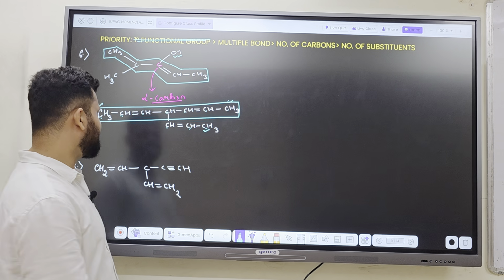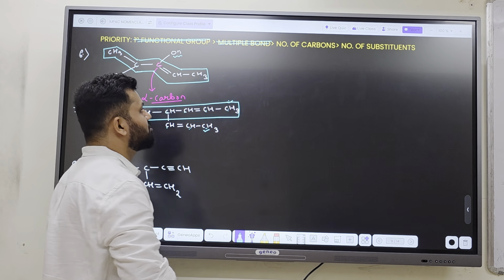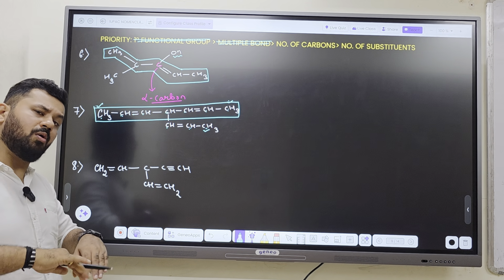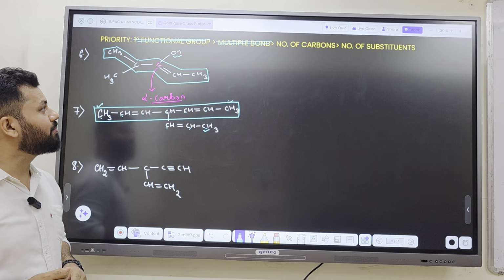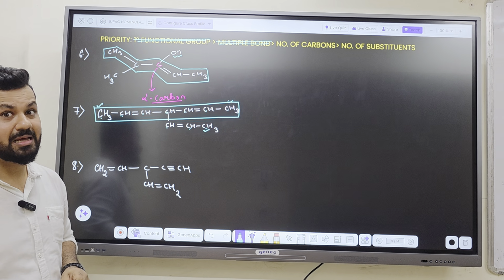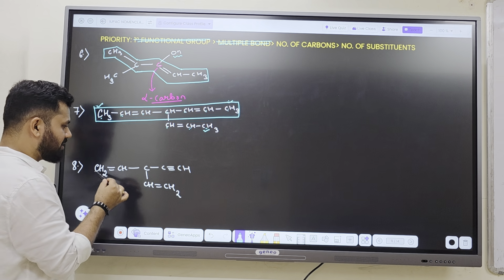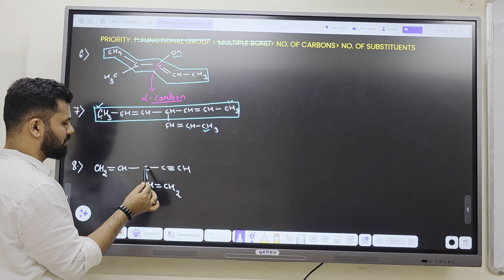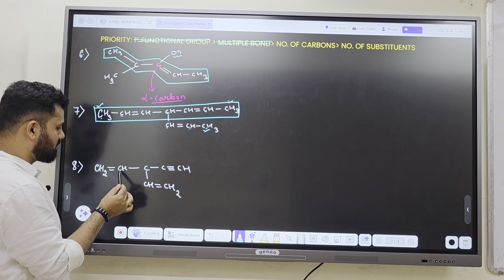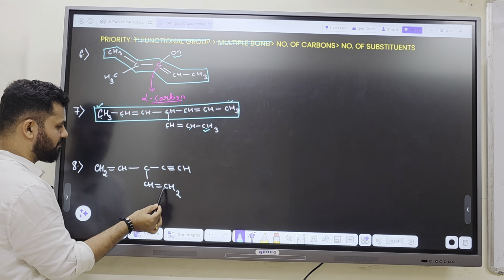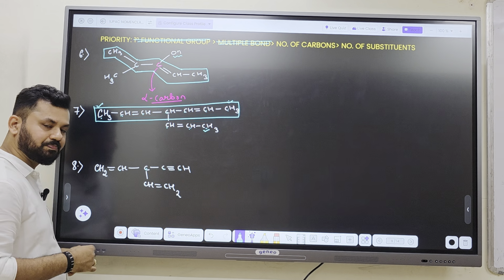That means I cannot use this criteria also to resolve the conflict, because all the paths 1, 2, 3 are giving me same number of multiple bonds. Then I shall look for number of carbons. If I go straight, 1, 2, 3, 4, 5 carbons. If I come this way, 1, 2, 3, 4, 5 carbons. Or if I come this way, 1, 2, 3, 4, 5.